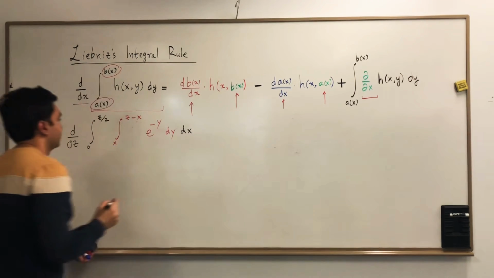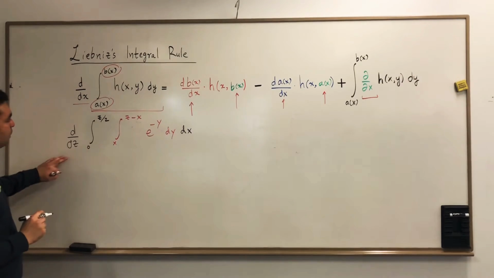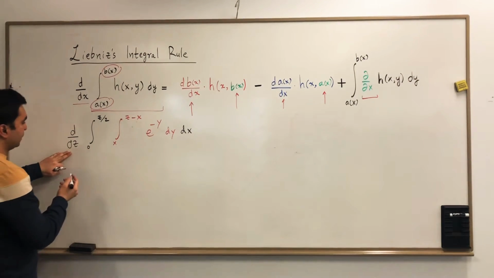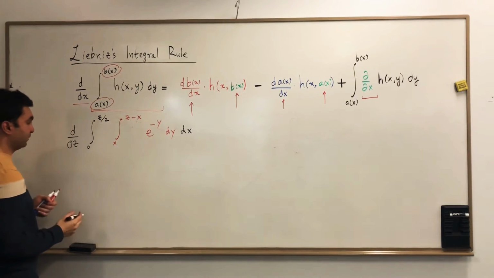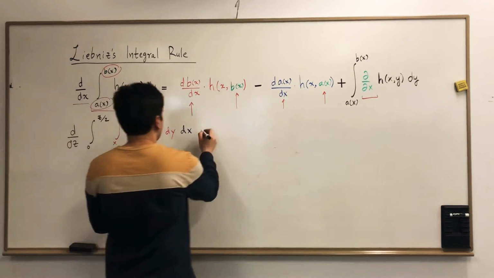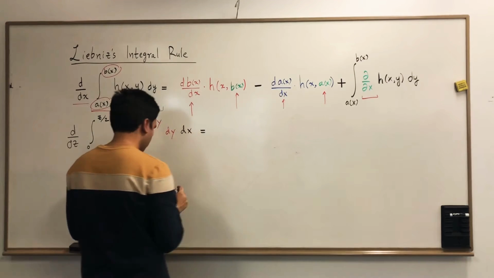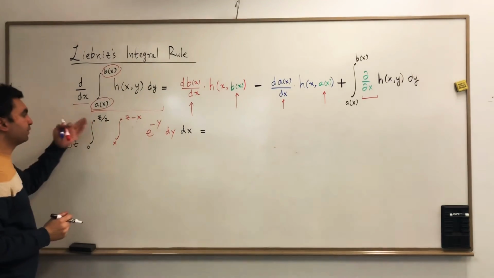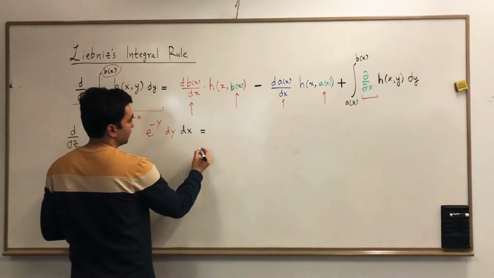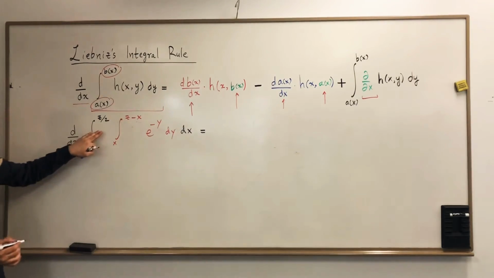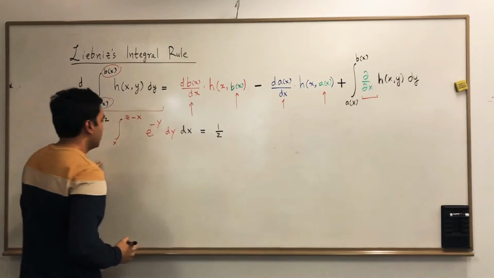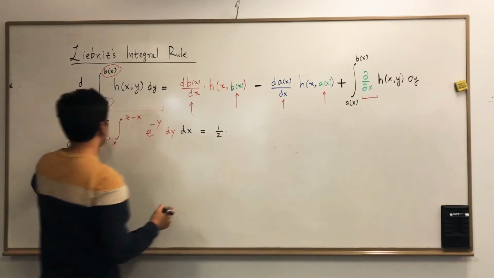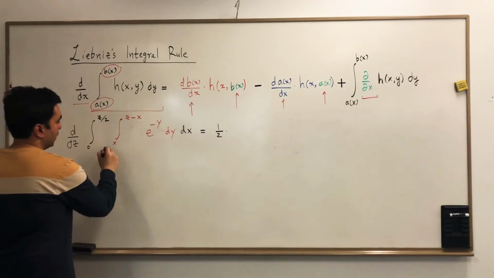So notice now the limits depend on z, so we cannot directly move this derivative inside. So we need to apply the Leibniz rule. That means we take the derivative of the upper limit, which in this case, differentiating z over 2 with respect to z will give you 1/2. And then we need to substitute z over 2 in this function here.